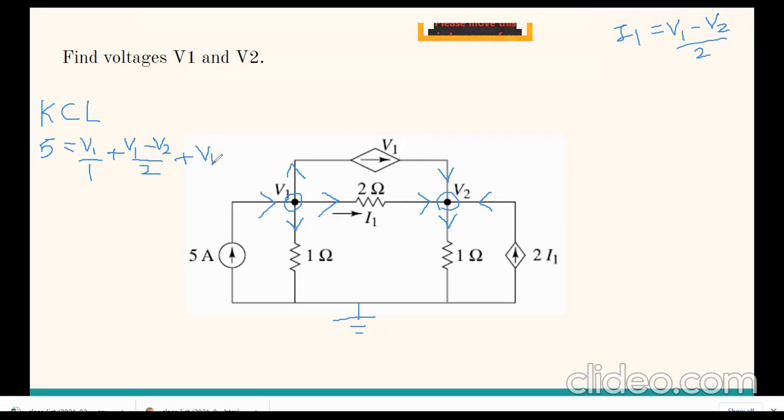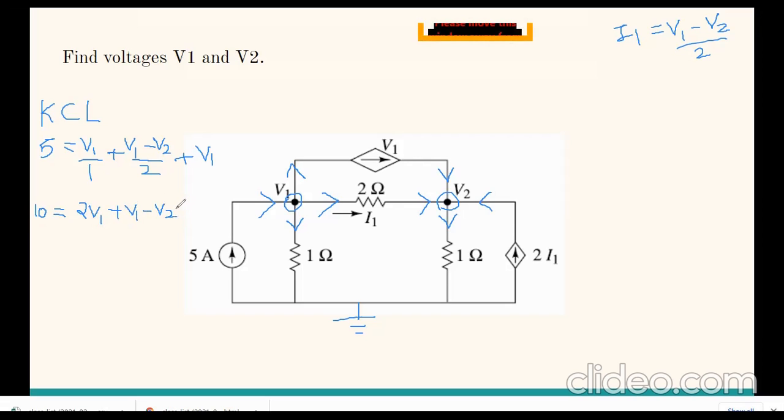Now we will have to simplify it. If we take the LCM, we get the equation 10 equals 2V1 plus V1 minus V2 plus 2V1.